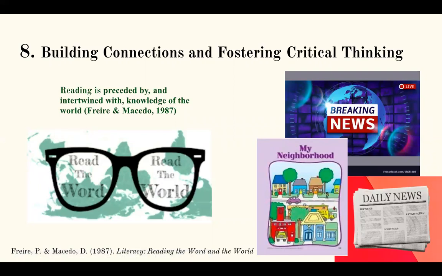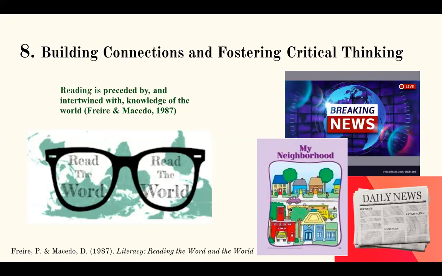So recognizing that literacy learning is not in some type of vacuum. It's very much connected to what students are seeing and experiencing and curious about. We want to be mindful of what's going on in the world, what's going on in their space and their experiences, and drawing from that knowledge to help them develop as literacy learners.